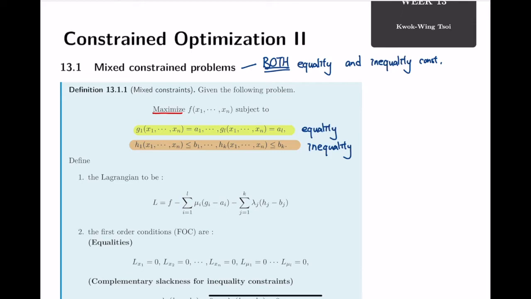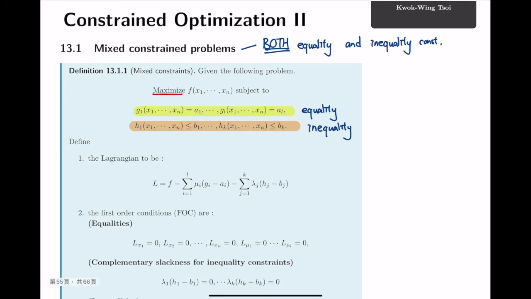So, for example, how do I form the Lagrangian? The Lagrangian is formed by the objective function minus the sum of mu_i times (g_i minus a_i). And as I mentioned, we use mu_i for the equality constraints, that's just the convention, whereas lambda_j refers to the inequality constraints.